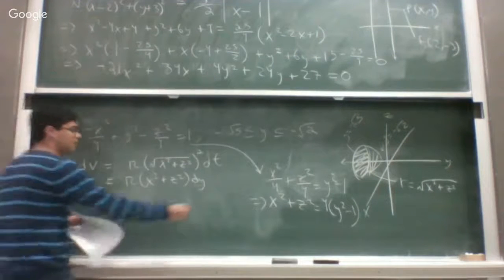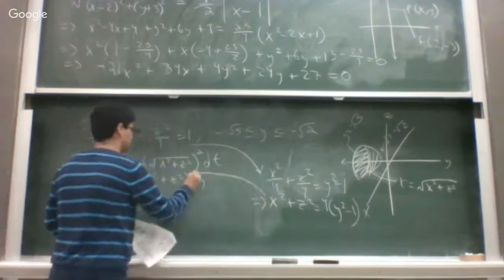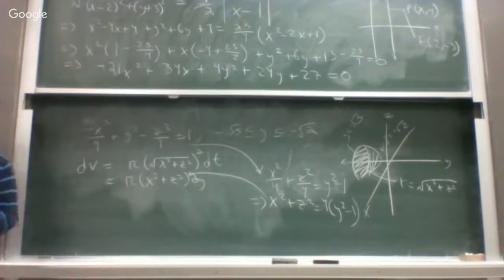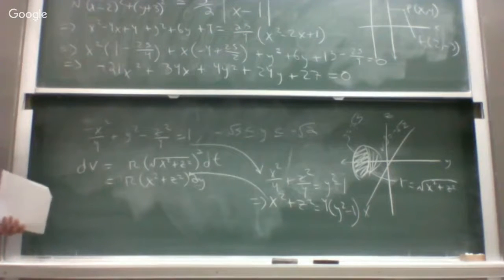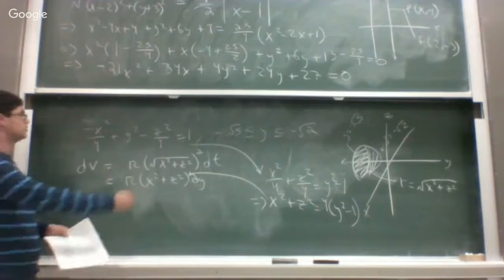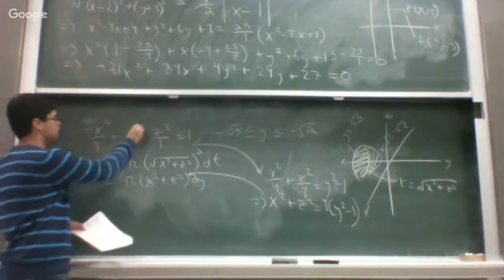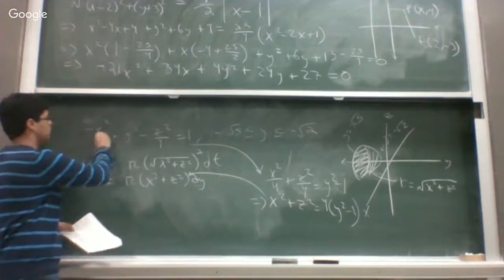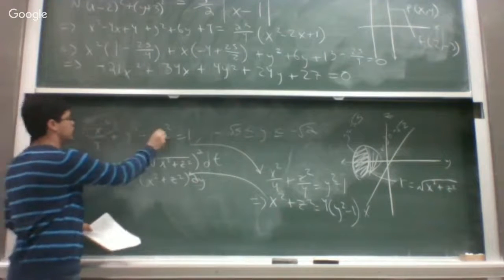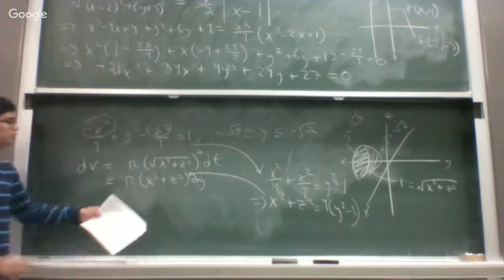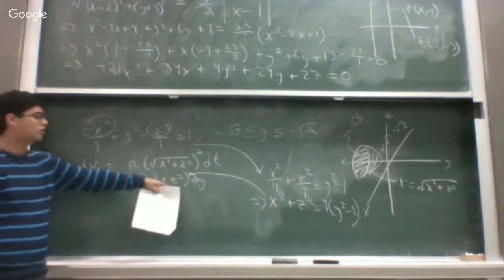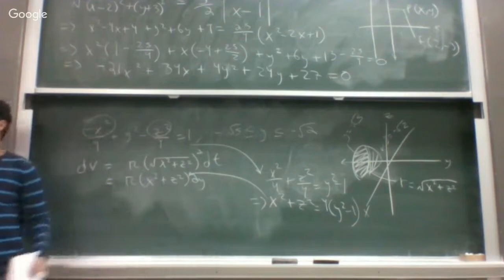And then we make that substitution in here. So I'll say this again: you're solving for x squared plus z squared to substitute it in here, to get it in terms of y, so that we can integrate it.